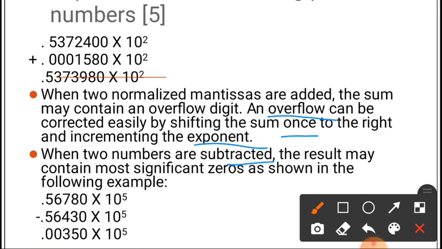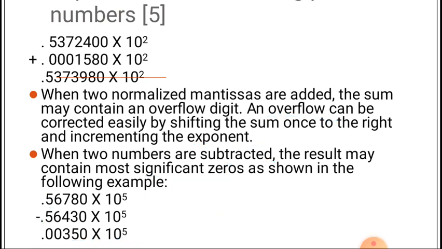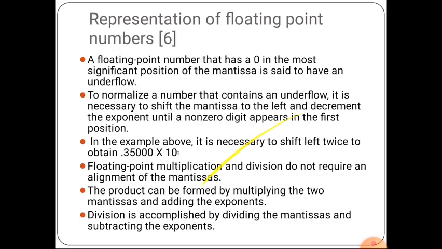If two numbers are subtracted, the result may contain most significant zeros. For example, if we subtract these two numbers, after subtraction we will get 0.00350 times 10 raised to 5. So most significant zeros are there.